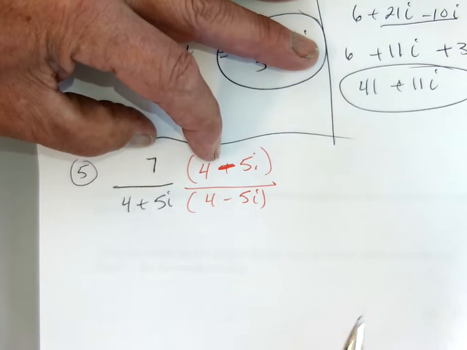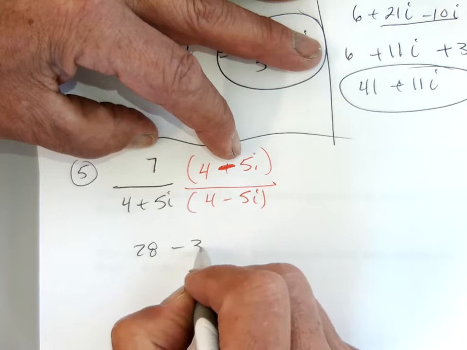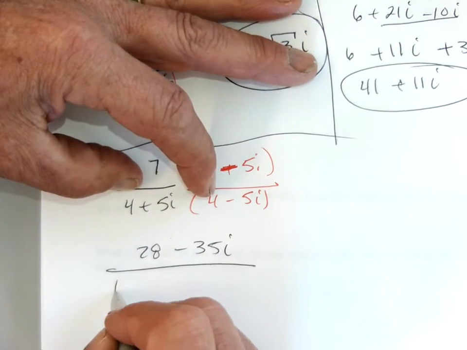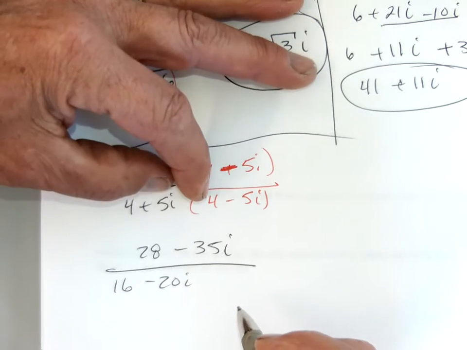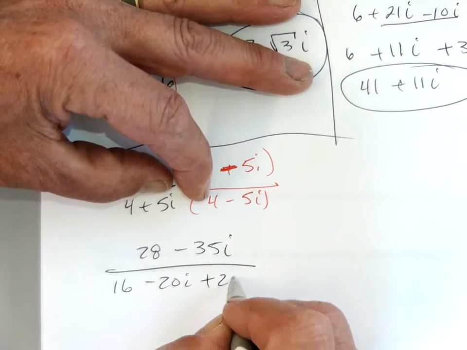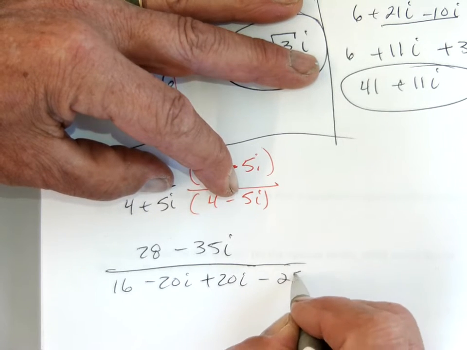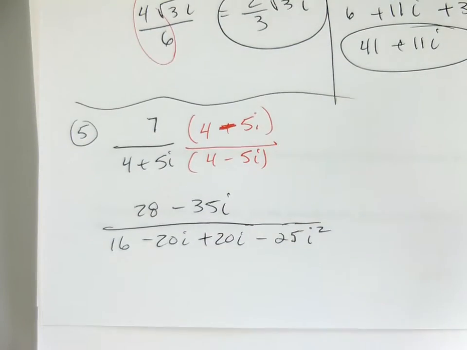On the numerator, I'll distribute: 28 minus 35i. And in the denominator, 16 minus 20i plus 20i minus 25i squared.